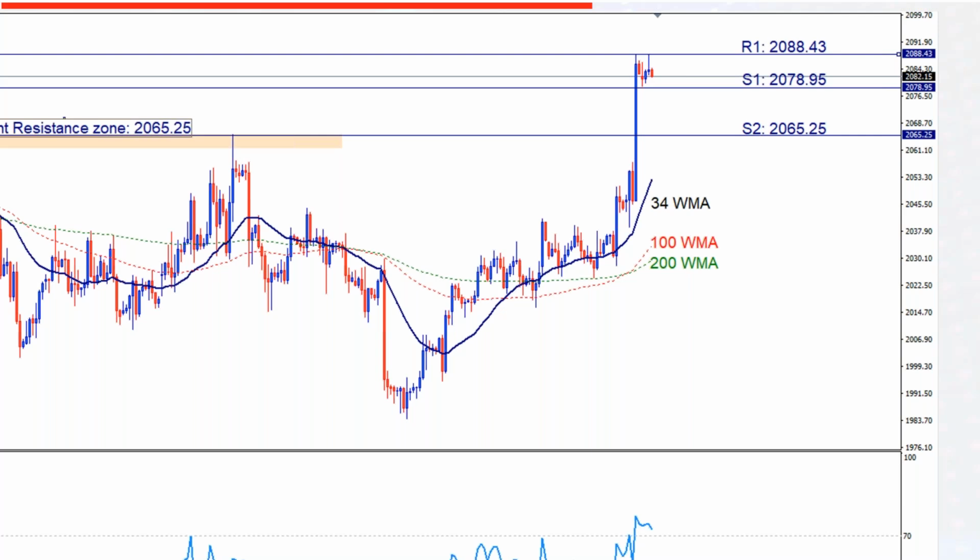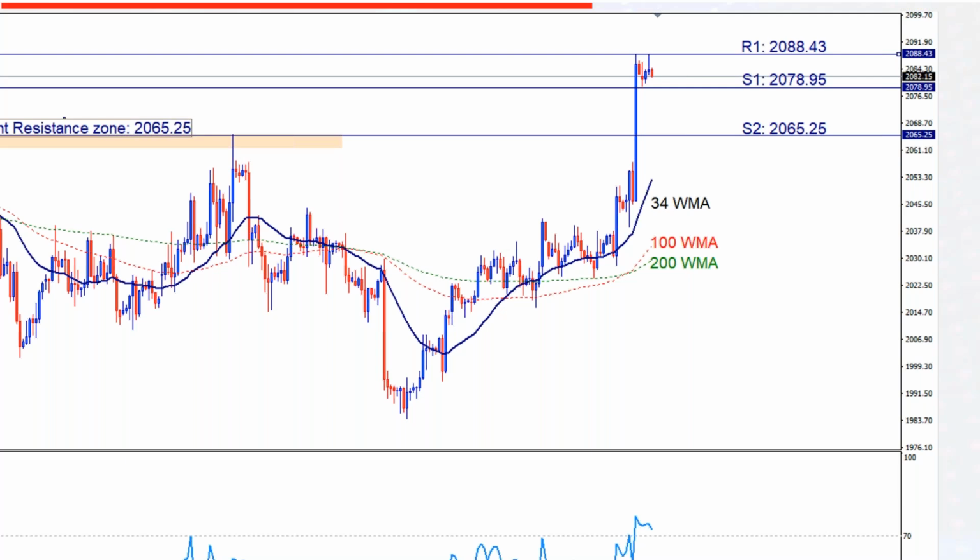The second scenario is that we can describe it as a mild correction. Let's say if the price retreats, finding support at the first support level, 2078.95, or the 34 WMA, maybe falling further to 2065.25, and the RSI corrects from its overbought state without dipping below 50, this would indicate a healthy correction within a strong bull market.